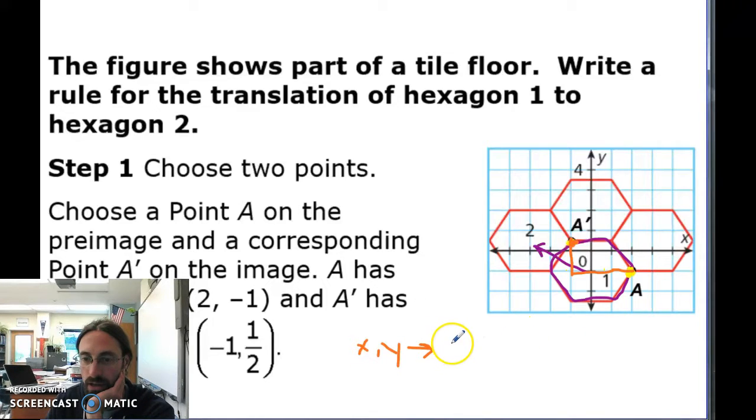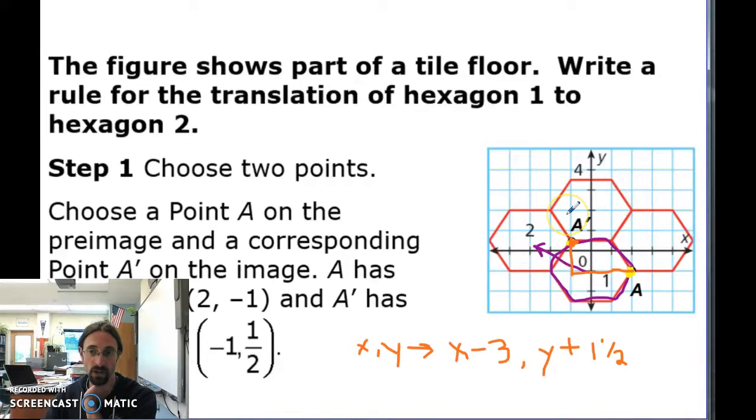I have to subtract 1, 2, 3. So x minus 3. I feel like I'm writing like I'm in 3rd grade. And then comma, y. What do I have to do to y? Well, I'm going up 1.5. So plus 1.5. And so this is an example of now we're writing a rule from a diagram or from a pattern.